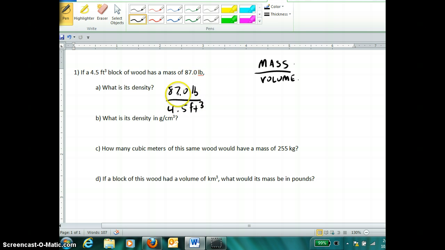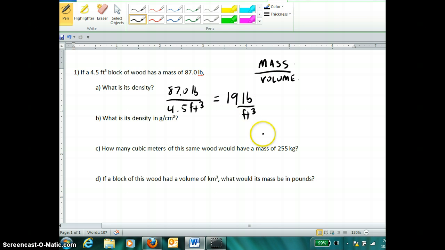And of course, if we have 87 pounds of mass in 4.5 cubic feet with two significant digits, our answer would come out to 19 pounds per cubic foot. Fairly simple stuff in terms of calculating the density from the mass and the volume.